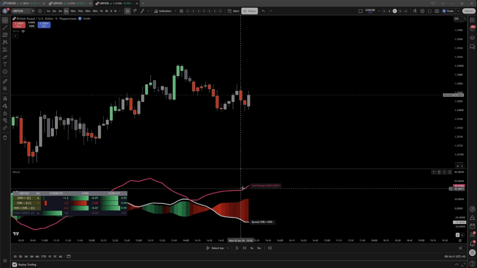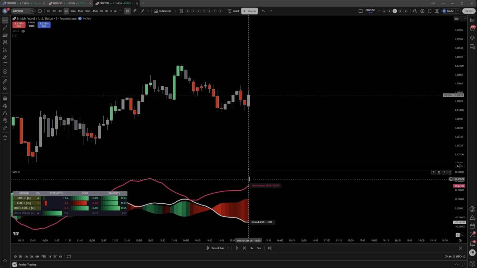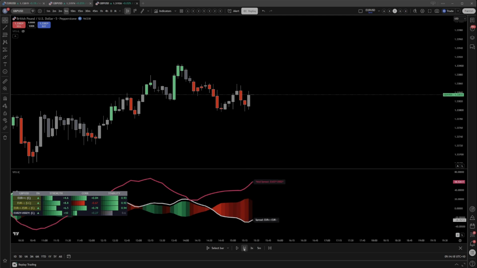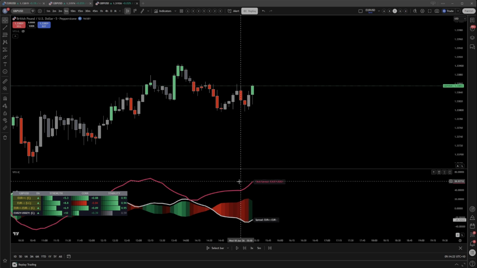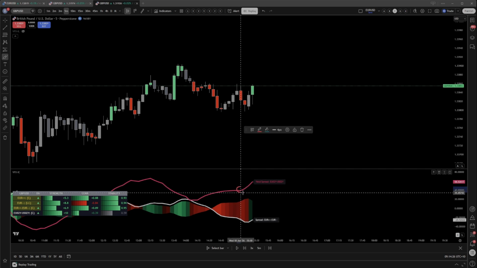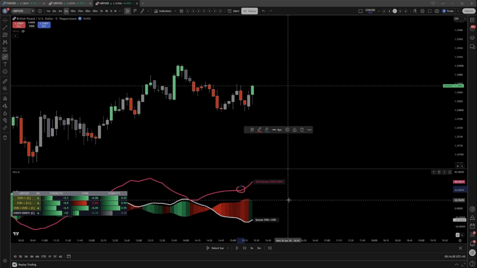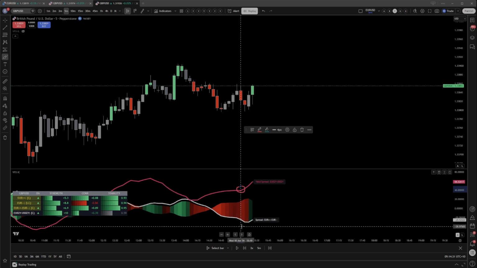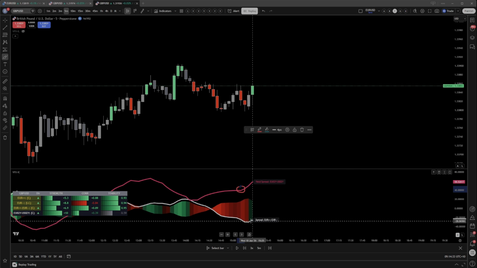Okay, yield spread is pointing upwards, synthetic spread is flattened. And look what's happened. We notice that back here, the yield spread turned to go long, and we can see that the synthetic spread has followed.